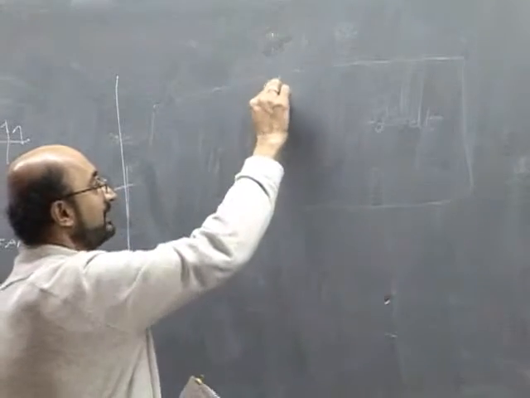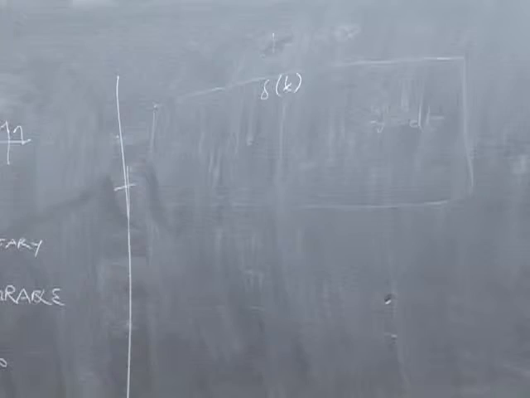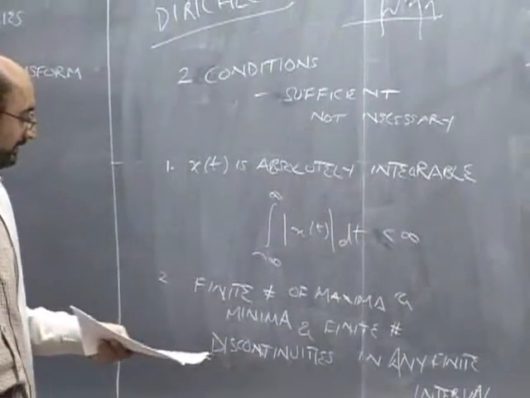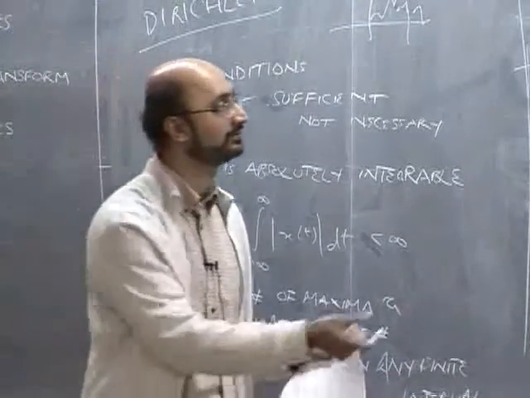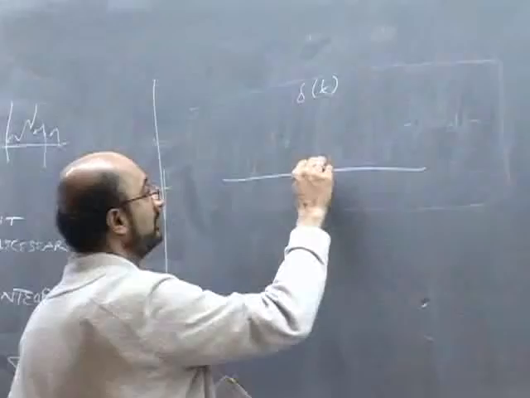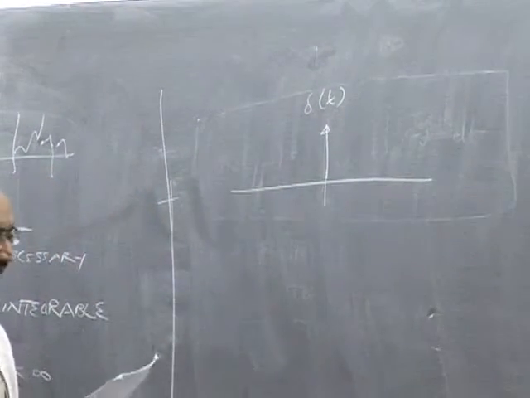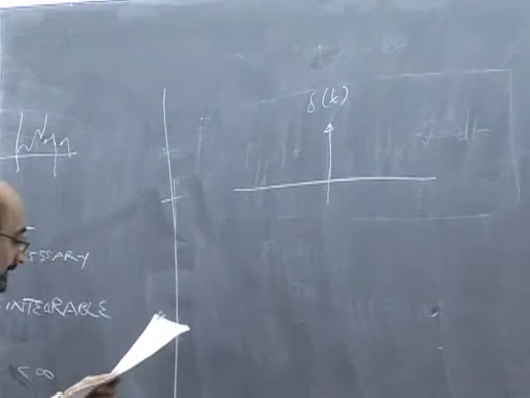Okay, let's see. Let's take delta(t). We say that the area should be less than infinity, so we know the area is 1, so that's fine. Finite number of maxima and minima and finite number of discontinuities. It has one discontinuity, so I guess delta(t) does satisfy the Dirichlet conditions. But at any rate, let's compute the Fourier transform of an impulse.